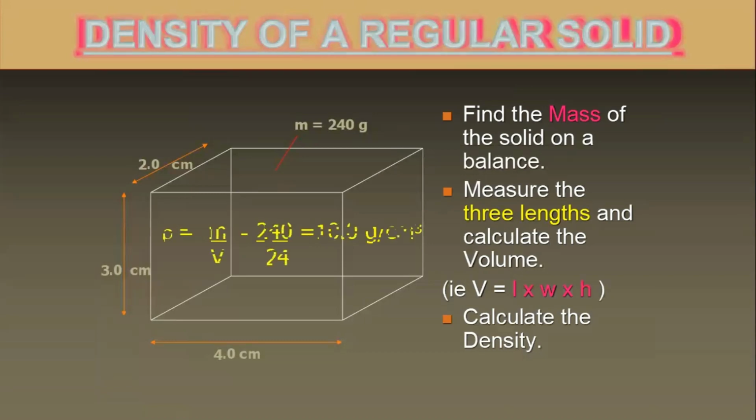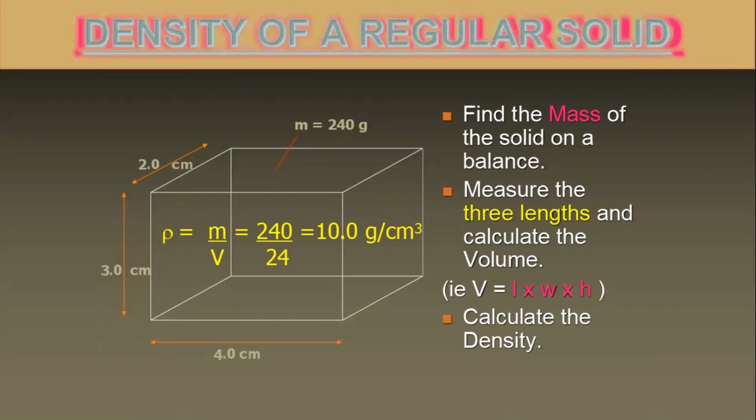Density is mass over volume. So the mass is 240 grams and the volume is 24, so it will be 240 divided by 24, which is 10.0 grams per cubic centimeter.